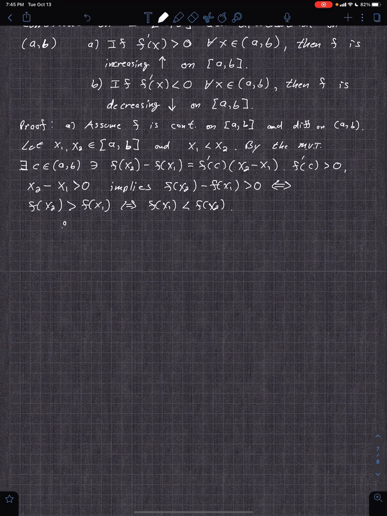Therefore, f is increasing on AB. Okay, so B is the same argument.